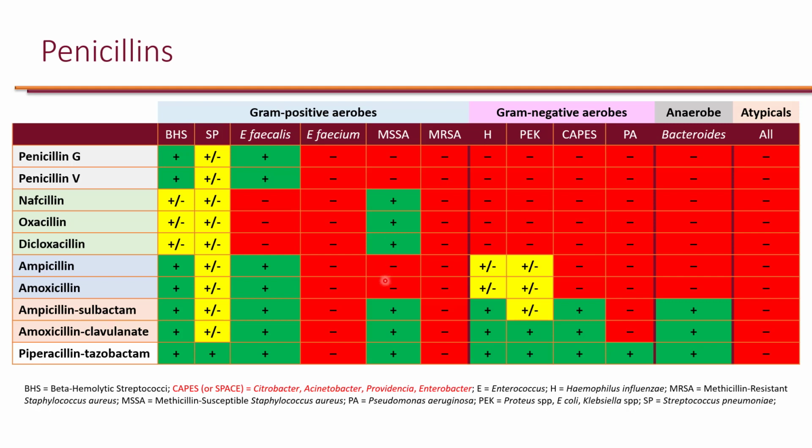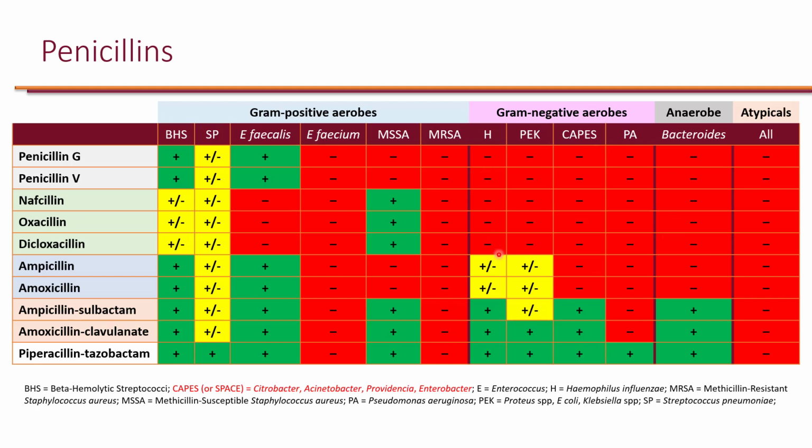So ampicillin and amoxicillin alone are not active against MSSA. However, when you bundle ampicillin and amoxicillin with beta-lactamase inhibitors, then they have activity against MSSA because that penicillinase gets blocked. The same applies to piperacillin tazobactam, which is active against MSSA. None of these penicillins are active against MRSA.